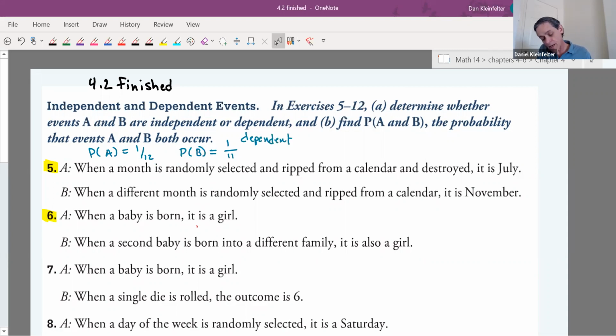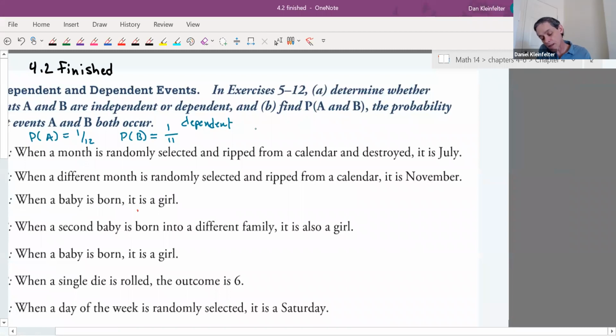Okay, and then the probability of A and B is going to be the probability of A times the probability of B, given that A has occurred. The probability of A occurring, we saw, was 1/12. And then the probability of B occurring, given that A has occurred, is going to be 1 out of 11.